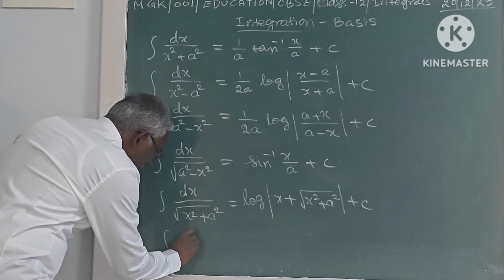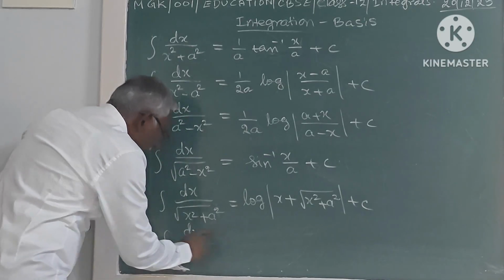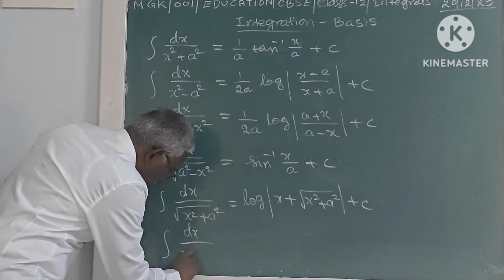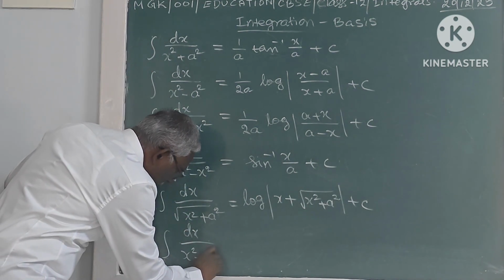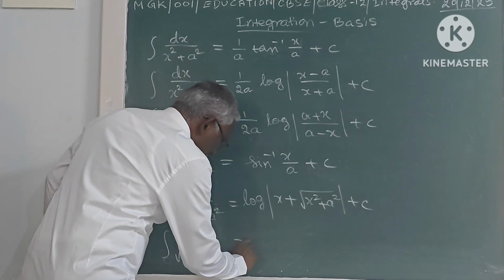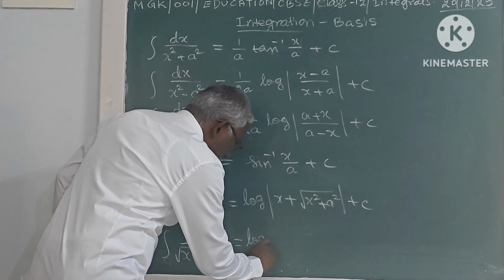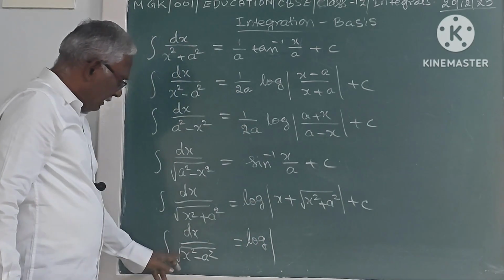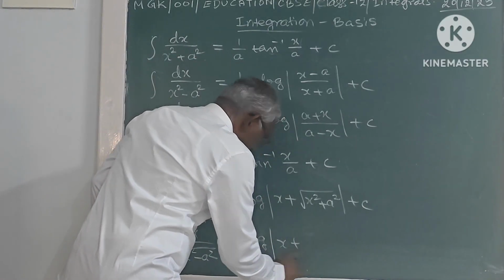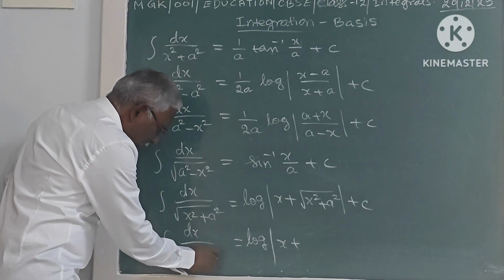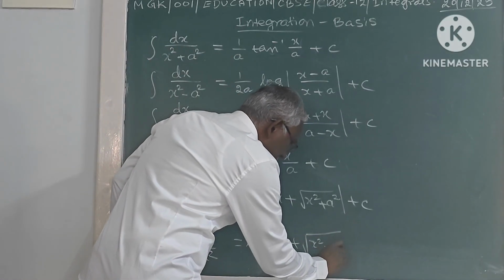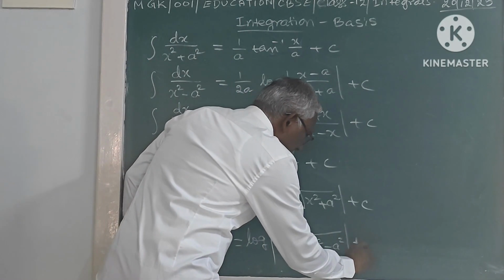And the value of this integral dx by square root of x square minus a square, this again is log of x plus the same thing, whatever comes here, square root of x square minus a square plus constant.